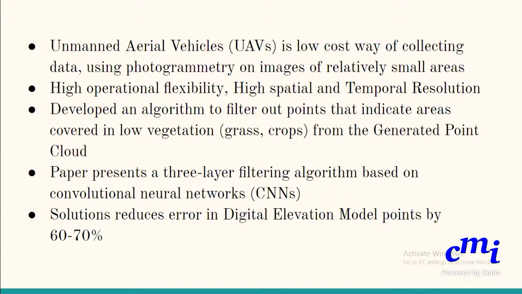What the authors have done is develop an algorithm to filter out points that indicate areas covered in low vegetation from the generated point cloud. This paper presents a 3-layer filtering algorithm based on CNNs, and the solutions provided reduce the error in the digital elevation model points by around 60 to 70%.